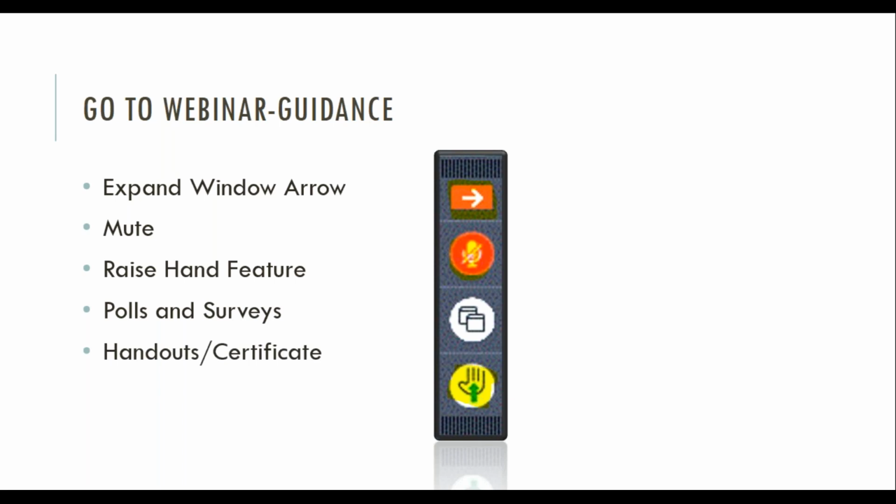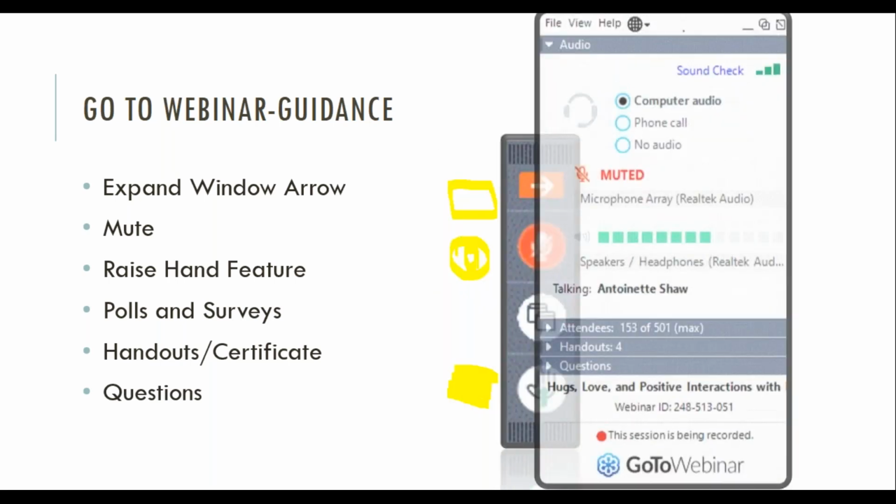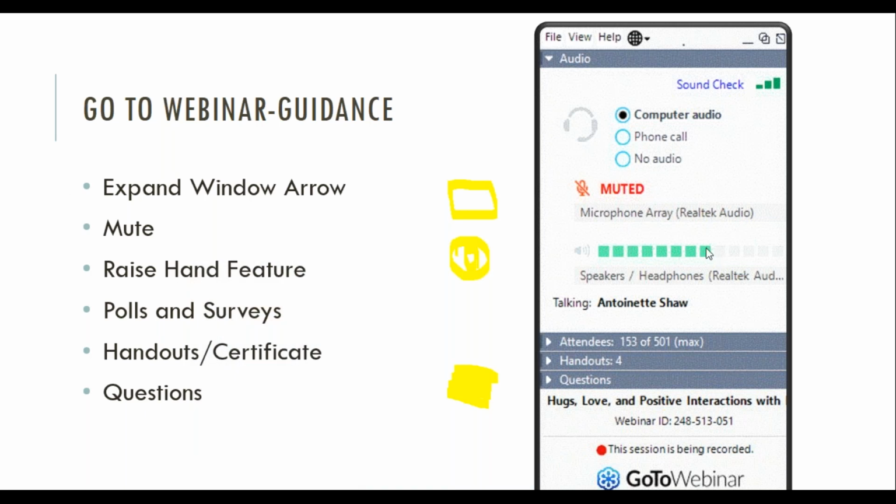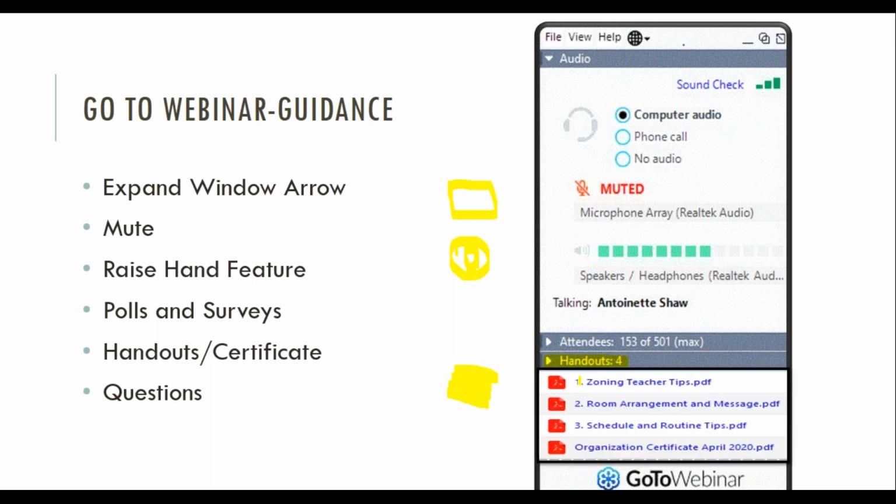And then also I'm going to show you right now how to get your handouts and certificate and where your questions will be. Over here you have your panel. Looking down your panel, you have some blue rectangle boxes, and you'll see handouts right here. We have 4 handouts for you today. If you click that white arrow to expand the window, you'll see 3 handouts that we thought focused on the majority of what we're talking about in our presentation today.